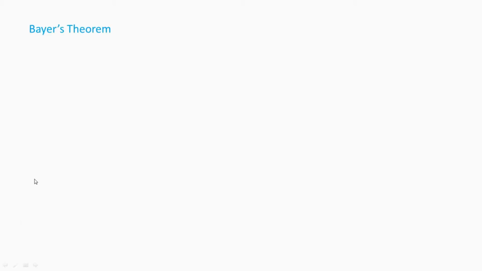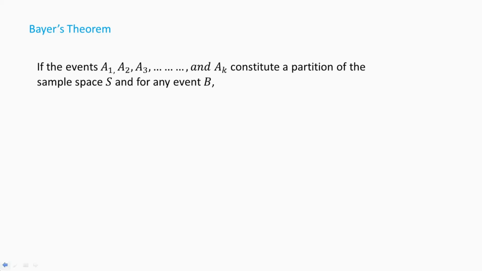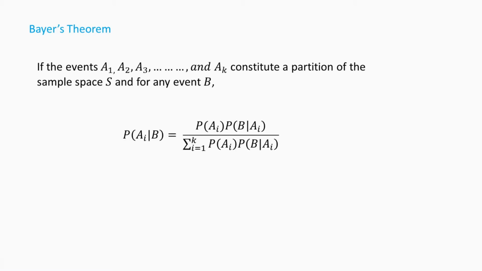Here is Bayes' theorem. If the events A1, A2, A3 up to AK constitute a partition of the sample space S and for an event B, probability of Ai given B is equal to probability of Ai into probability of B given Ai over sigma i going from 1 to K, probability of Ai into probability of B given Ai.